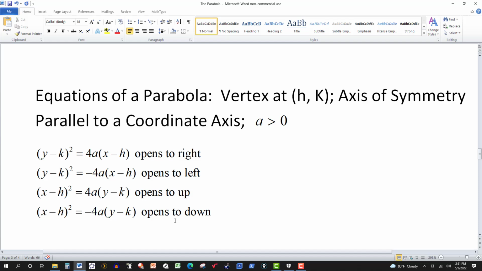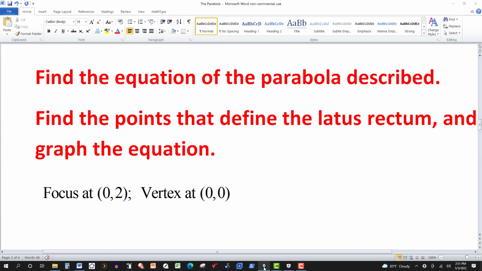So again, you can pause the video at any time and see if you can work this out. This one is pretty straightforward. Now we know the focus is at (0, 2), that's given. So the equation that we're looking at, because the vertex is at (0, 0), is x squared equal to 4ay.